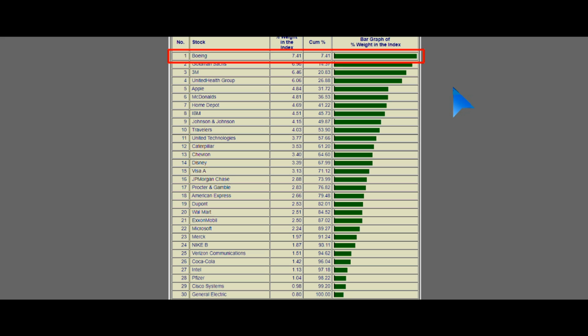Now, the Dow Jones is interesting because it doesn't necessarily reflect the same stocks that were back in 1896. What most finance people won't tell you is that indexes will drop companies out of the index all the time.